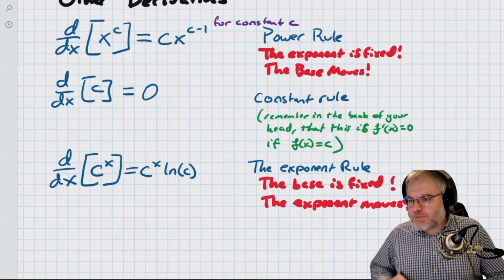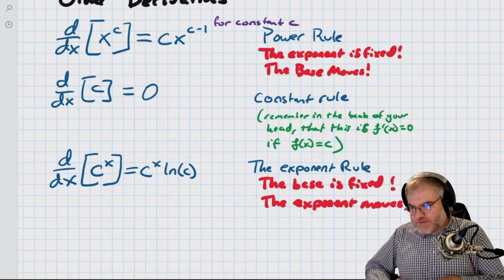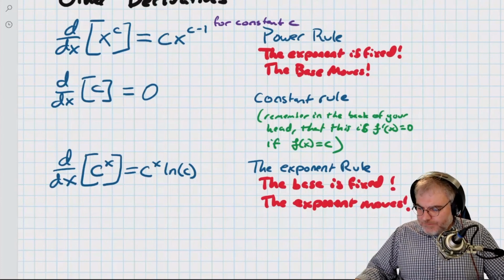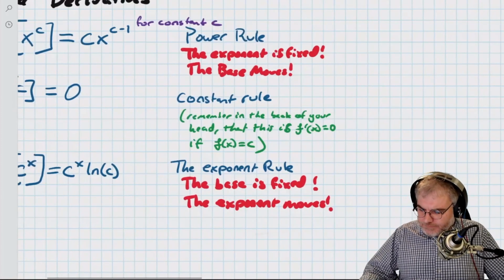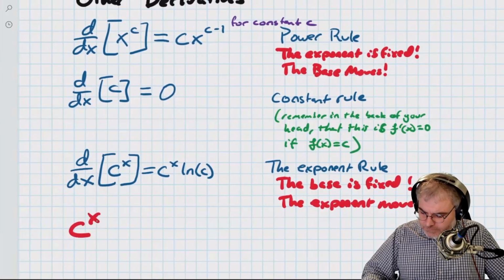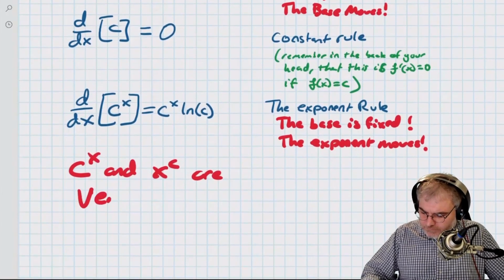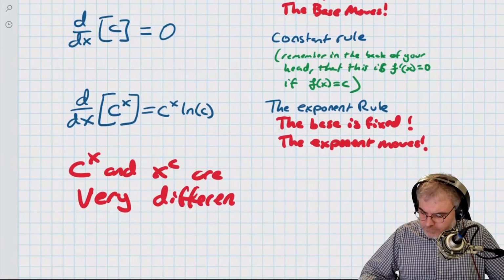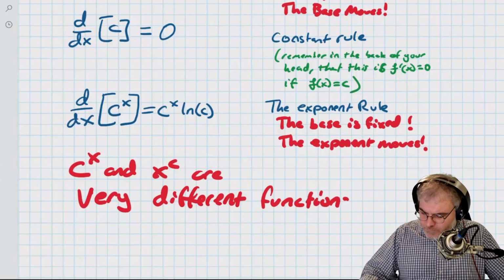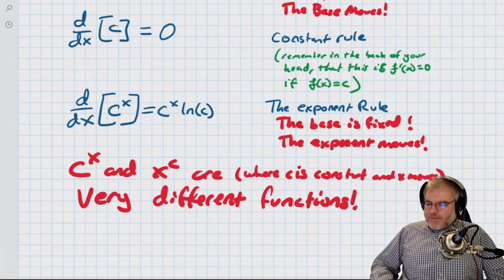There's a very big distinction between these two functions, right? There's c to the x and there's x to the c, and they're very different functions, where c is constant. Okay, that is extremely important.